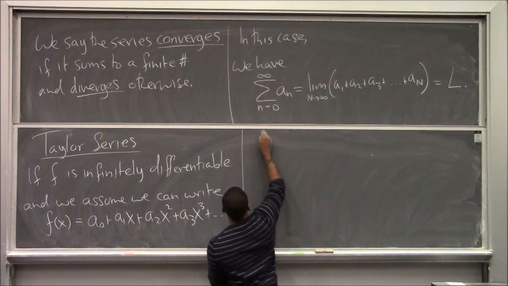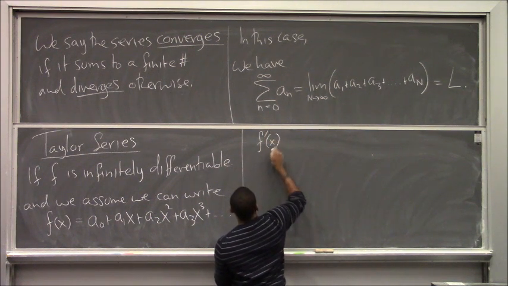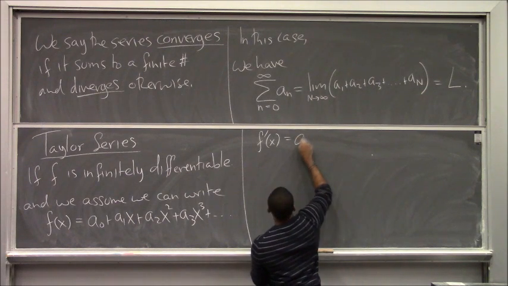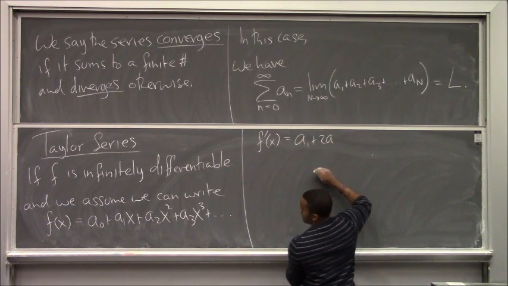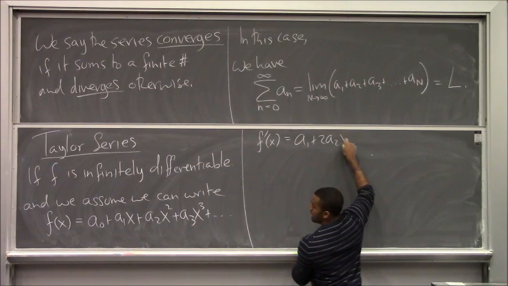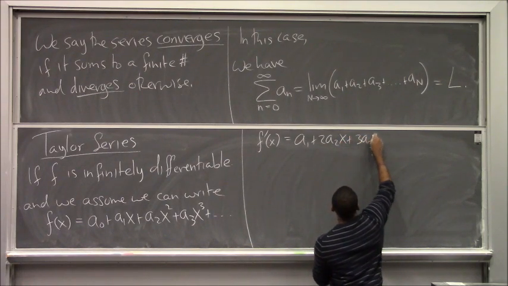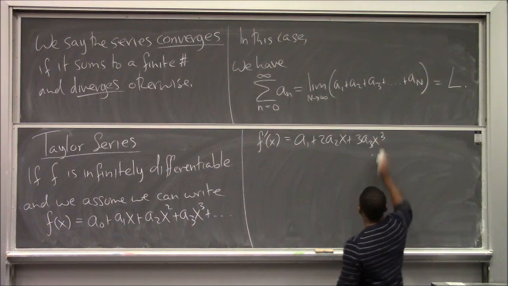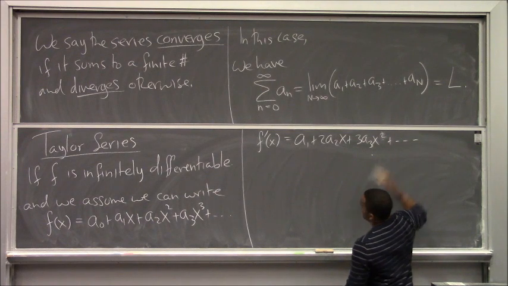It turns out that we could do something like the following. We could say f prime is going to be a1 plus 2a2 x plus 3a3 x squared plus dot dot dot.